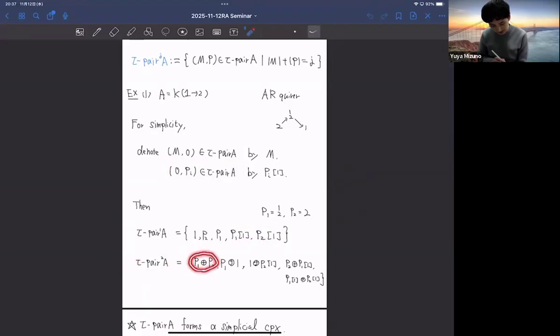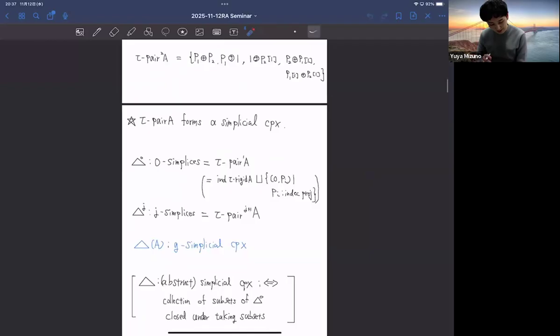For example, this is a tau-rigid pair like this. And in this case, this is a tau-rigid pair like this. In this case, this is a tau-rigid pair, this one. As you see, this consists of 2 indecomposable modules. So this is an element of tau-rigid pair 2.